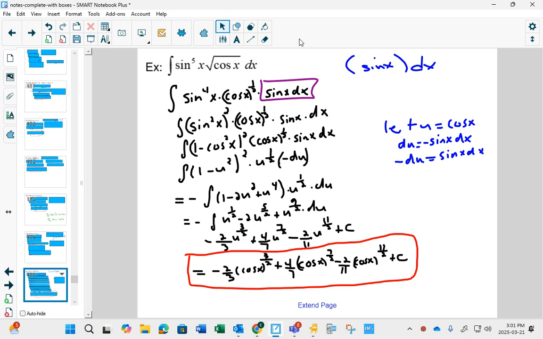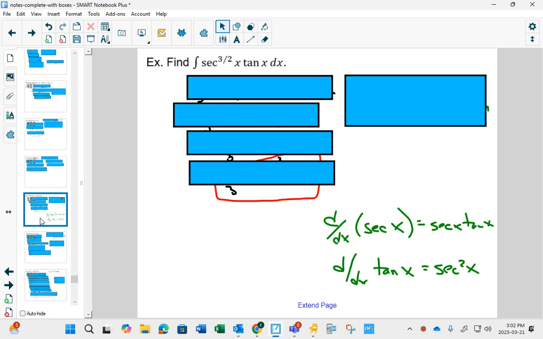The next two have tans and secants. So I'm going to just pull up a previous screen where I have the tan and secant. And you're going to have to decide and try.